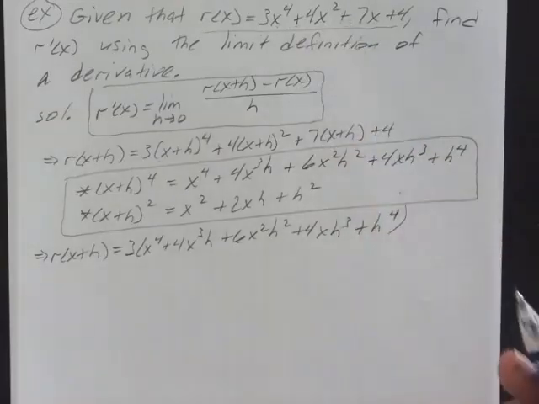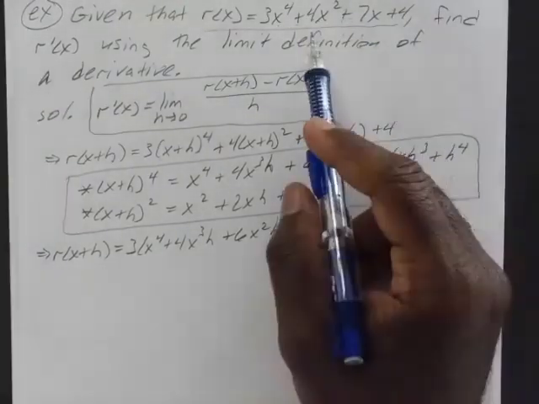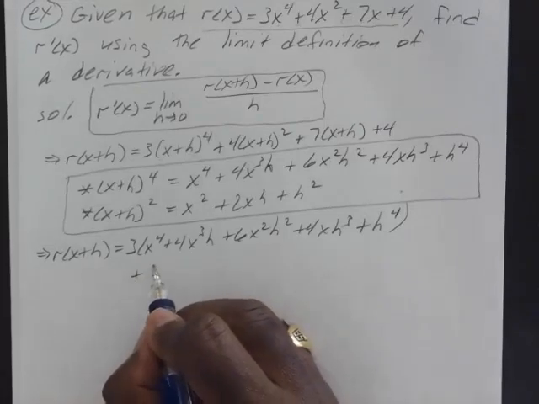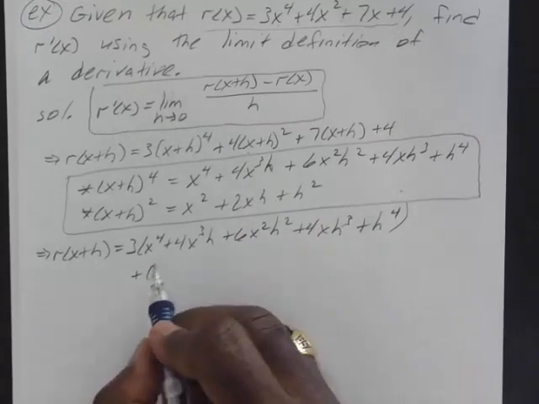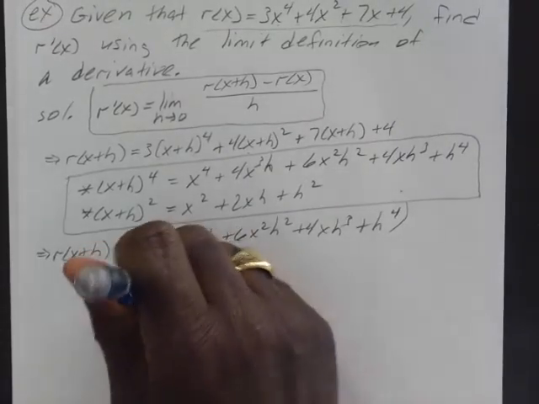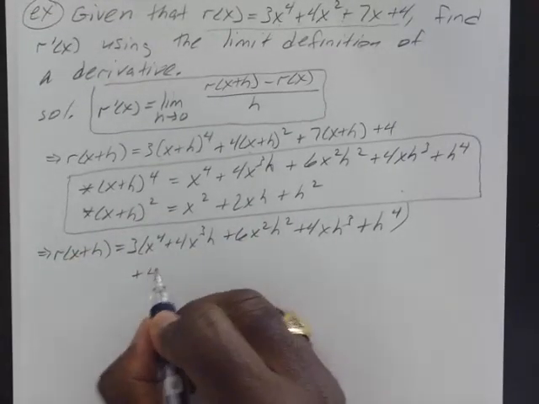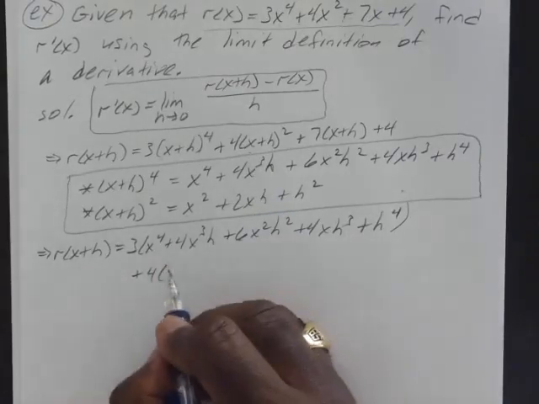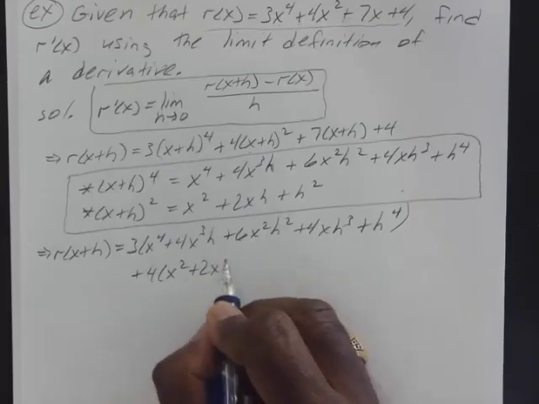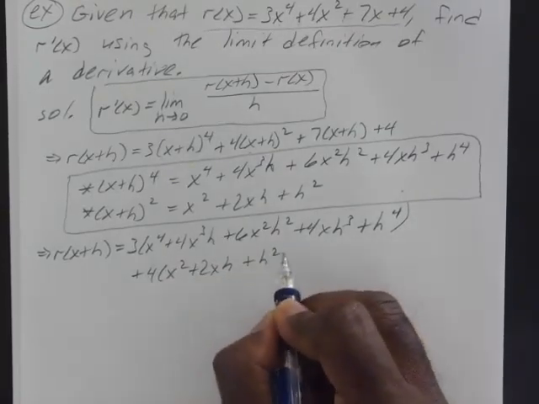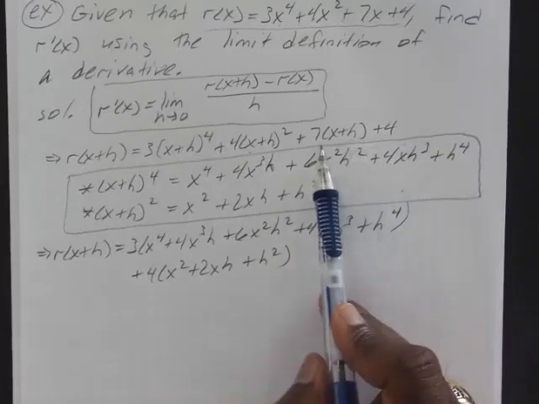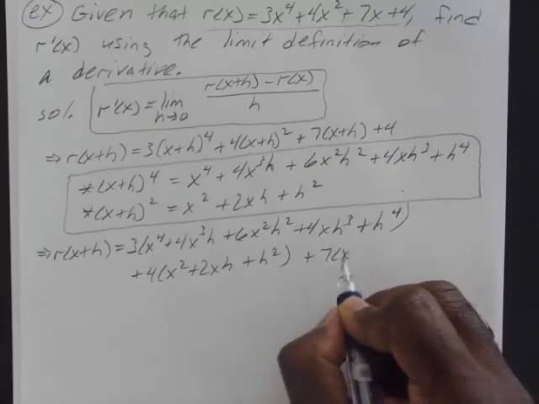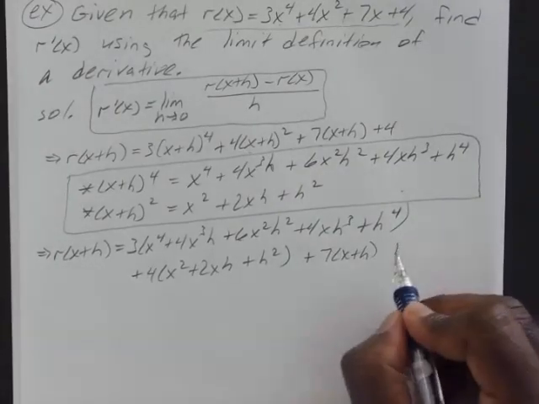Actually, this is going to get lengthy, and I knew it was going to do that beforehand. So plus 4 times x plus h squared. Oh, forgot my 4. And that x plus h squared, we replace with x squared plus 2xh plus h squared, plus 7 times x plus h, plus 4.